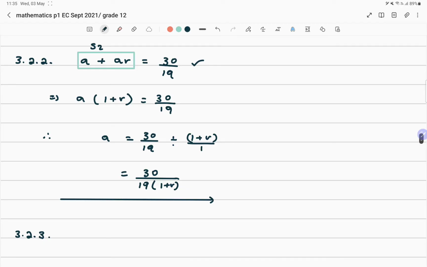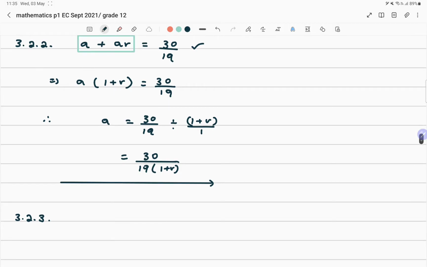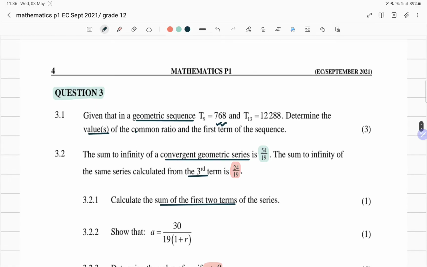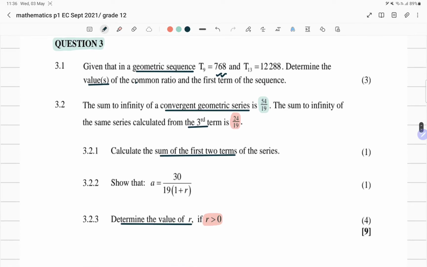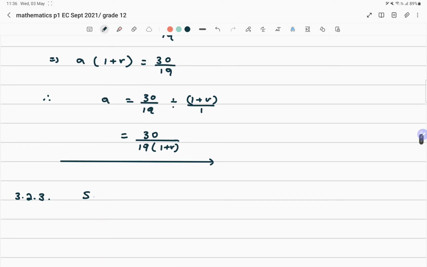Okay. Easy. So what do we know? What equation do we know here? Well, we know 2 equations. We know that the sum to infinity was 54/19. That was given.